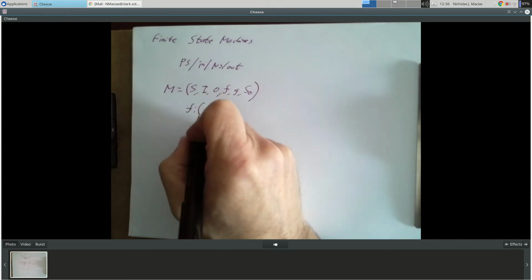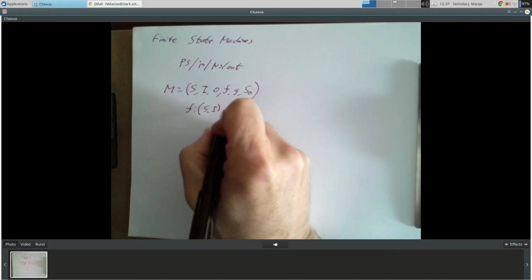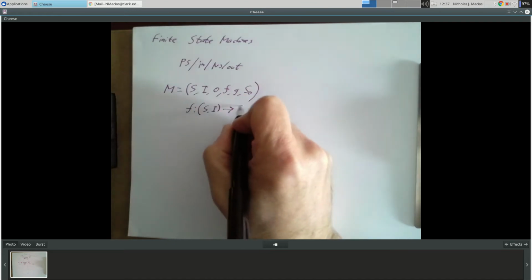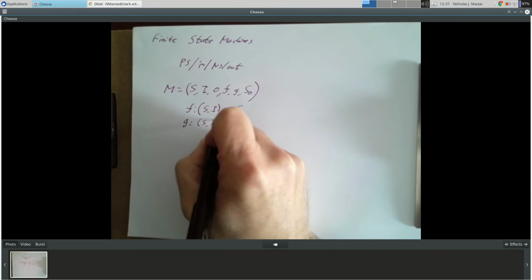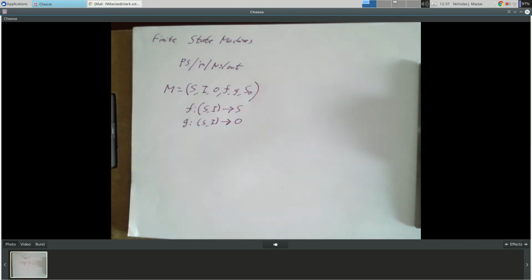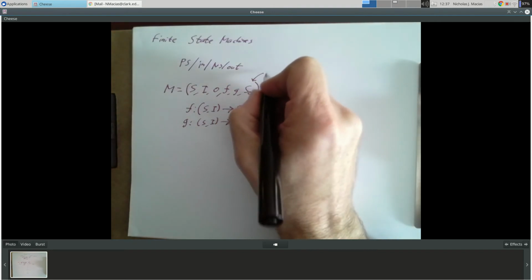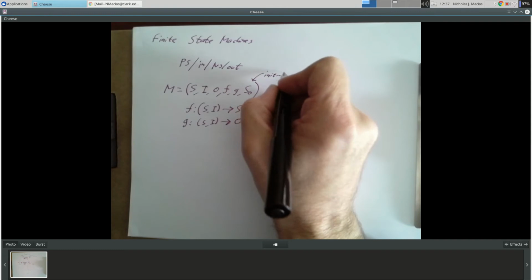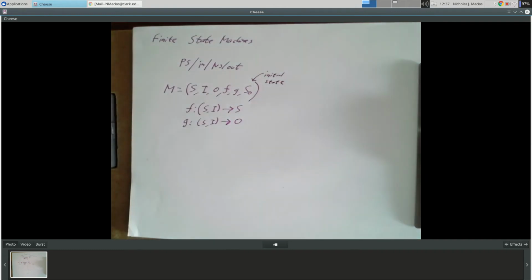F takes an ordered pair, which is a state and an input, and maps you to a new state. And G takes an ordered pair, which is a state and an input, and maps you to an output. And S0 is the initial state. We don't need to think of it like this, but we can, so we can be very formal about it.